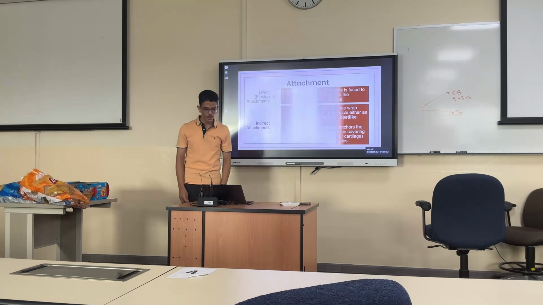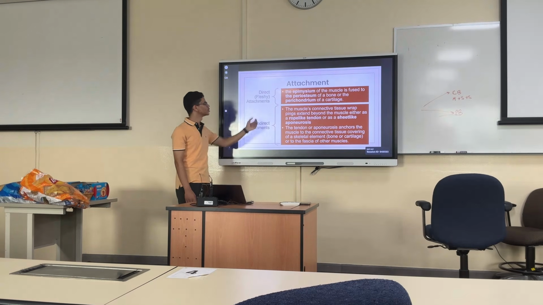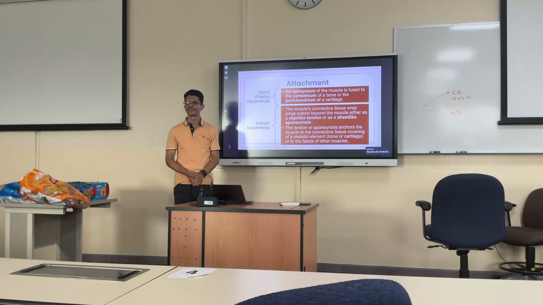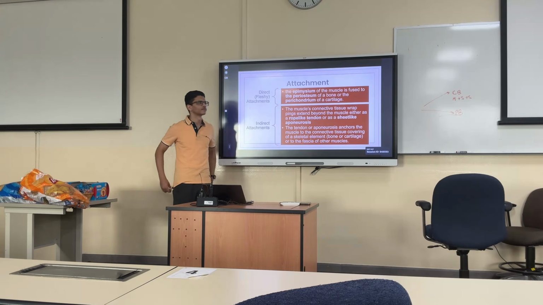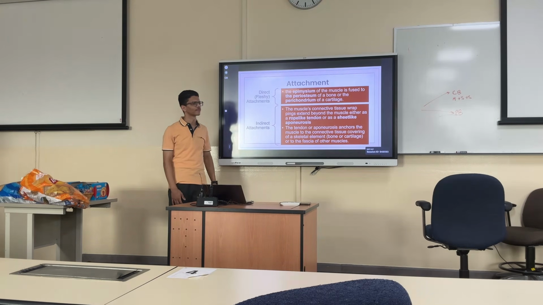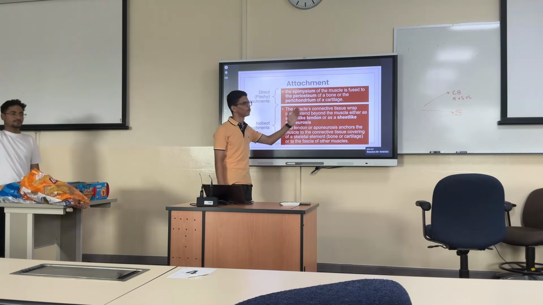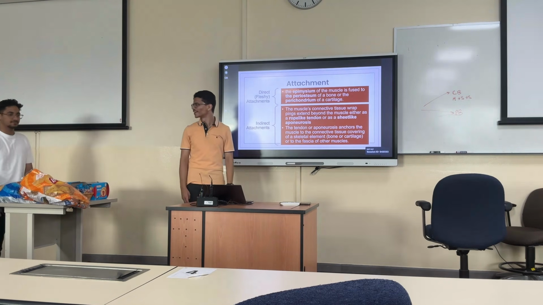Okay, so we also have different types of attachment, which are the direct fleshy attachment or indirect attachment. From its name, what do you think it indicates? Attached to the bone or the cartilage directly. Exactly. So the direct one is directly attached to the bone itself.